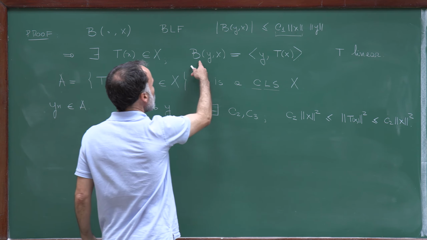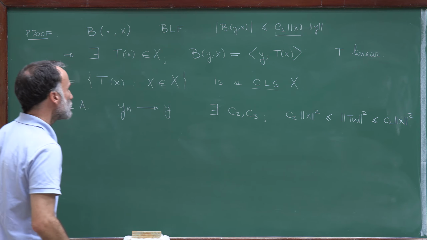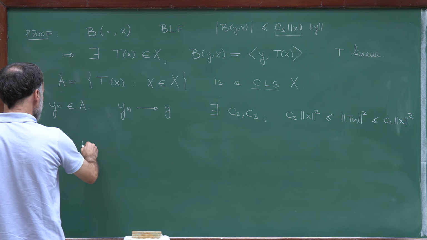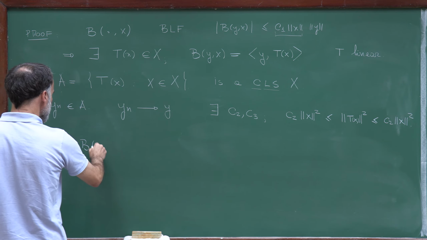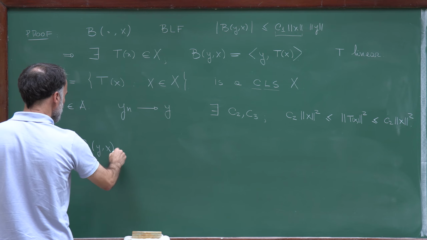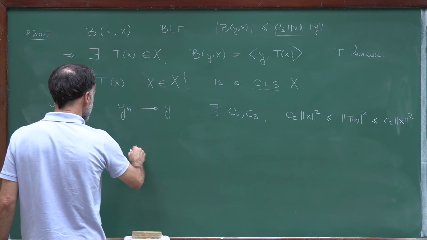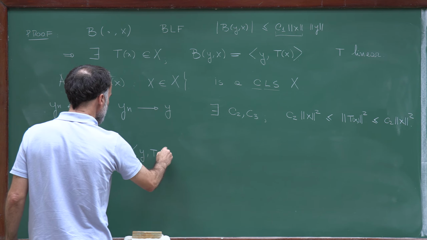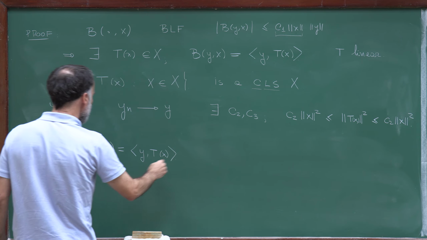And this will follow from this identity. So I have that B(y, x) is equal to (y, Tx), and this for all y.